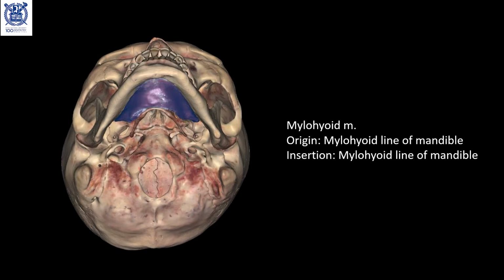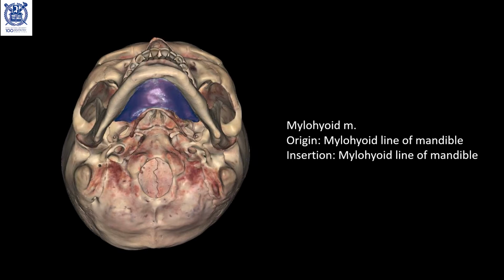This muscle is flat and triangular and is situated immediately superior to the anterior belly of digastric muscle. It is a pharyngeal muscle, which means it is derived from the first pharyngeal arch and is classified as one of the suprahyoid muscles. Together, the paired mylohyoid muscles form a muscular floor of the oral cavity of the mouth.